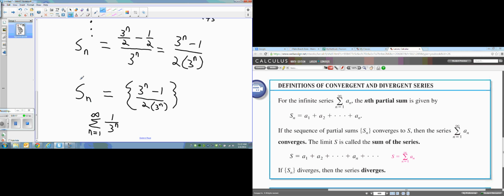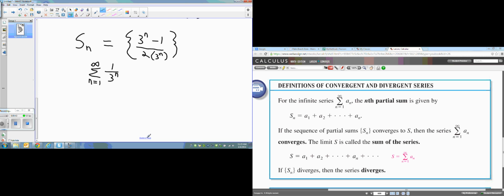So I found Sn right here for this series. That's the sequence of partial sums. And it says if this sequence of partial sums converges to S, then the series converges, and S is called the sum of the series. So if I can find out if this sequence converges, I will have proven that this converges by the definition of convergence.